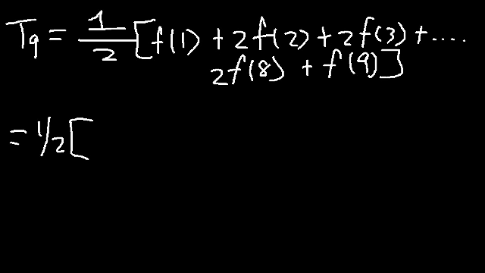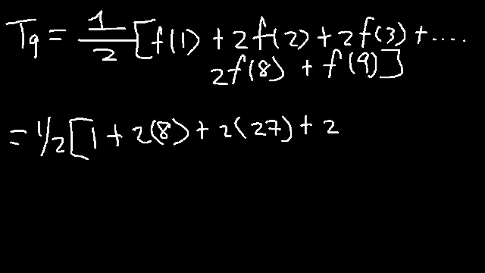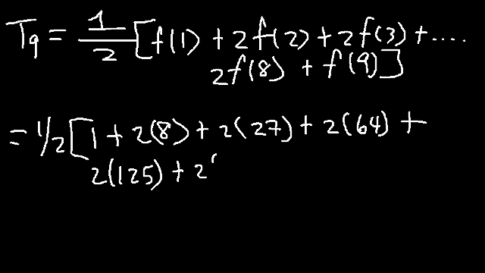So f of 1, 1 to the third power is simply 1. And f of 2, 2 to the third power, that's 2 times 2 times 2, that's 8. f of 3, 3 to the third power is 27. 4 to the third power is 64. 5 to the third power is 125. 6 to the third power is 216. 7 to the third power is 343.